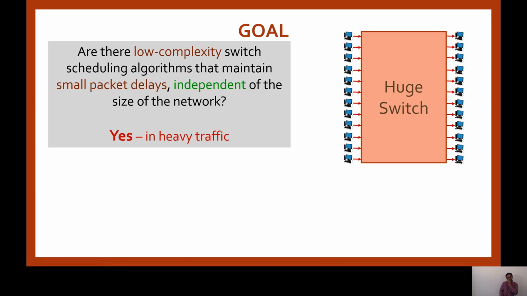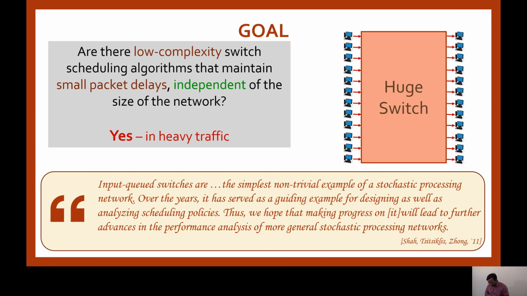A natural question in this context is, I started off the talk by talking about general stochastic processing networks, and now I'm focusing on a switch, and I'm going to present results mainly for a switch. Why is this? There's a quote usually attributed to Einstein, which says that whenever one is thinking about a problem, one should make it as simple as possible and not any simpler. So if one wants to understand stochastic processing networks, the simplest non-trivial example is a switch.